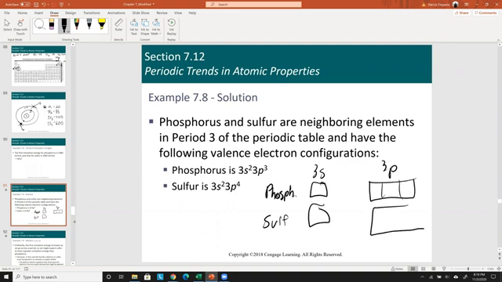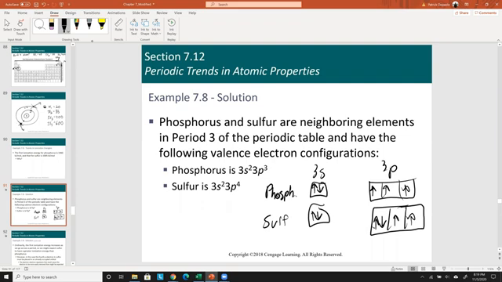So here's the 3S and 3P orbitals for phosphorus and sulfur. Phosphorus is 3P3. Sulfur is 3P4. I didn't fill those in right, so I want to do that again just to remind you how to fill those in. You go by Hund's rule: 1, 2, 3, go back to the first one, 4.